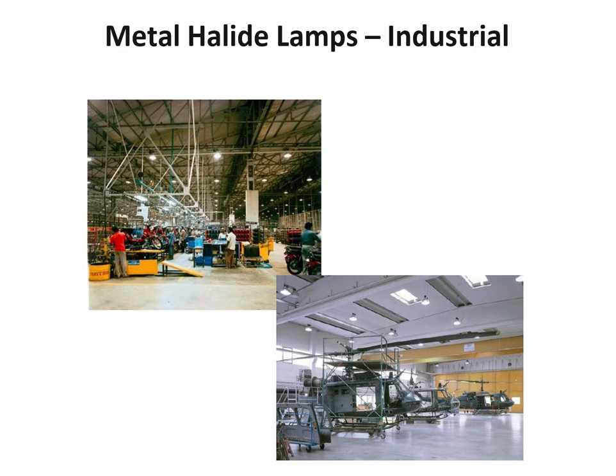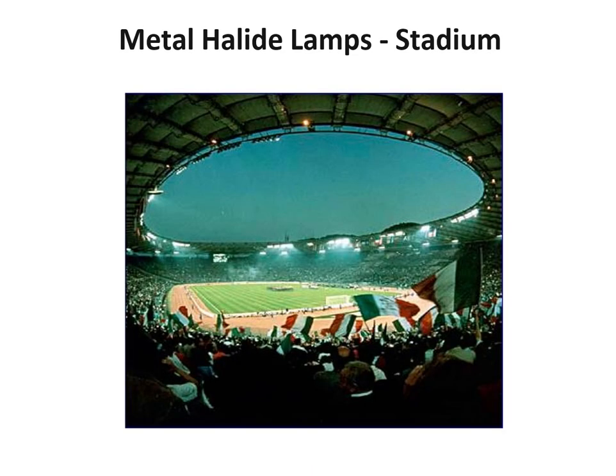So in that kind of setup, of course, you cannot use metal halide lamps. Metal halide lamps are used for stadiums as well, once again at a very high level. It needs to shine and perform across a very large area, so these kind of lamps will be very suitable for it.